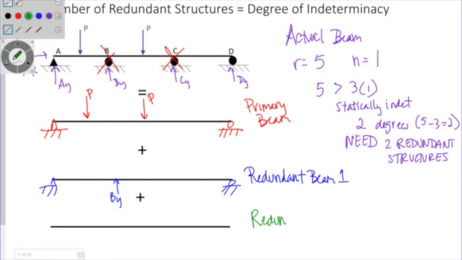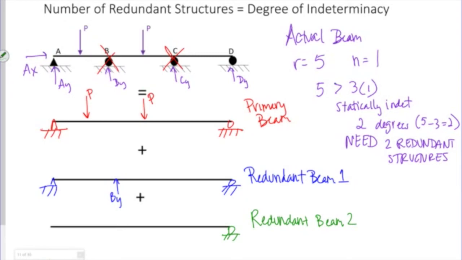My second redundant beam still has the same simply supported ends as the primary beam, and I am applying CY. Right? This has a vertical reaction at A and D, and a horizontal reaction at A.